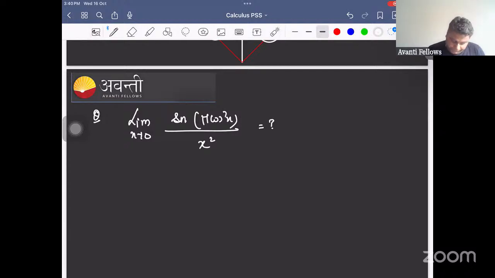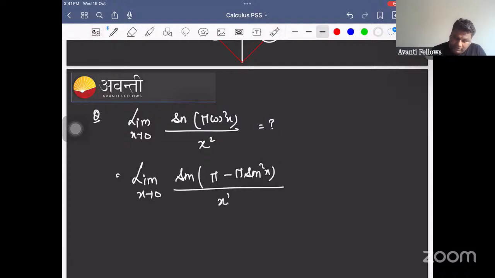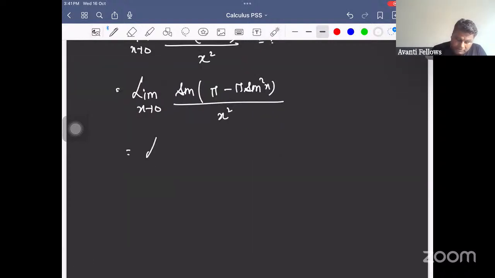See, it is limit x approaches 0, sine of pi cos square x, which can also be written as pi minus pi sine square x, upon x square. So that is limit x approaches 0, and sine of pi minus theta is sine theta.